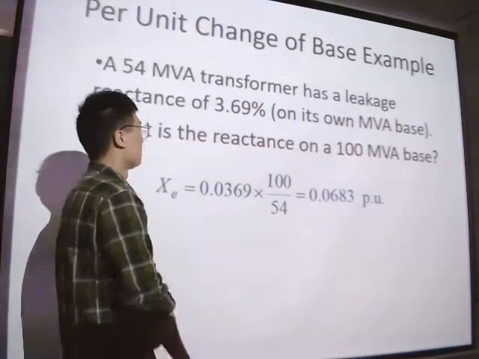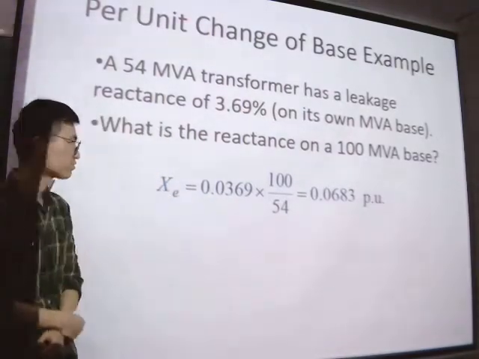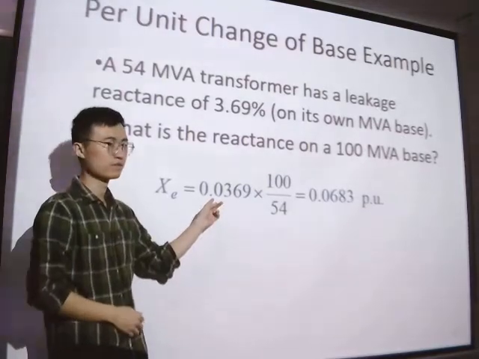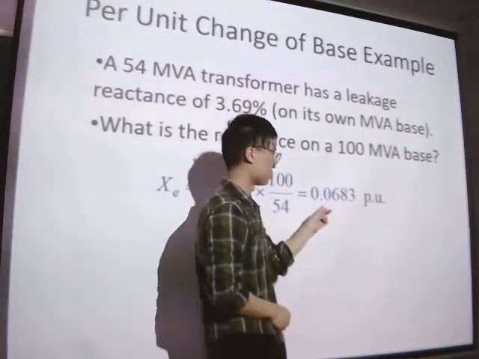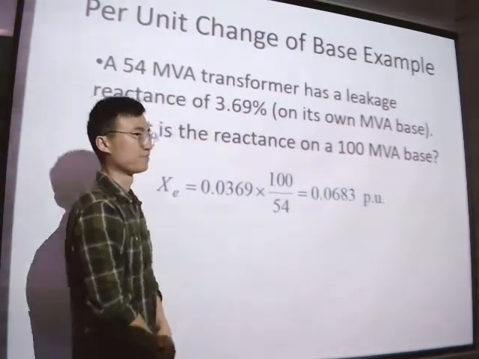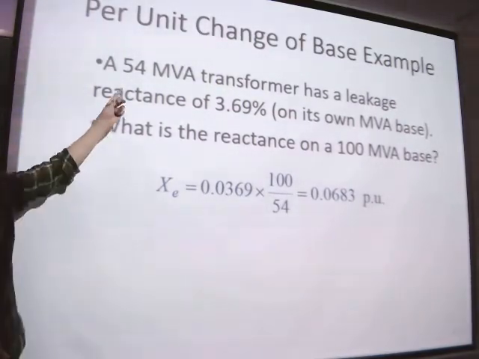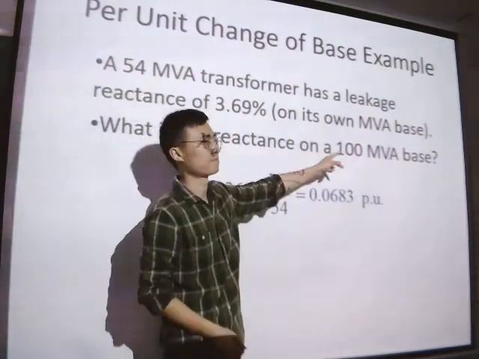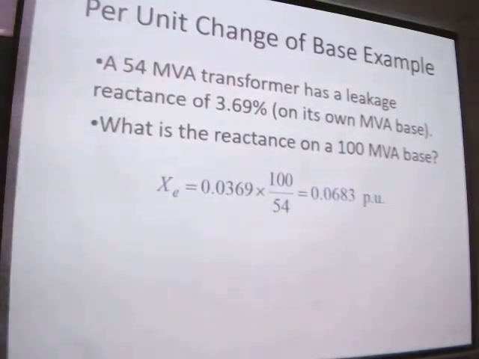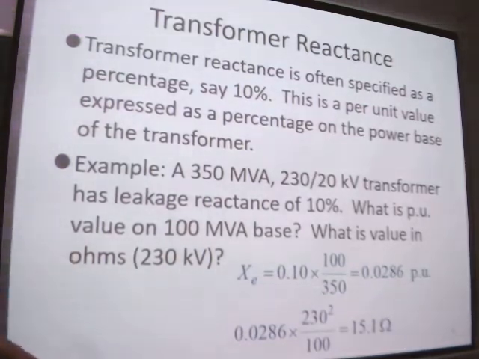So originally it is 0.0369 in the original base system, but converted it becomes 0.0683 per unit in the new system. Okay, so that is converting from one power rating base to another. That is for the transformer reactance.